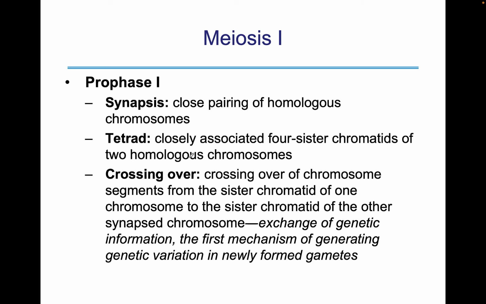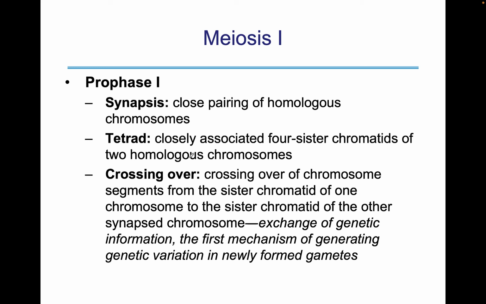We also have what we call the tetrad. Each homologous pair of synapsed chromosomes is called a bivalent or tetrad, which consists of 4 chromatids. And then we have crossing over, as you've heard me mention, the exchange of chromosome segments from the sister chromatid of one chromosome to the sister chromatid of the other synapsed chromosome.